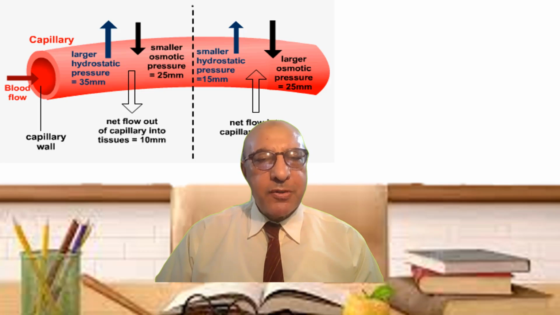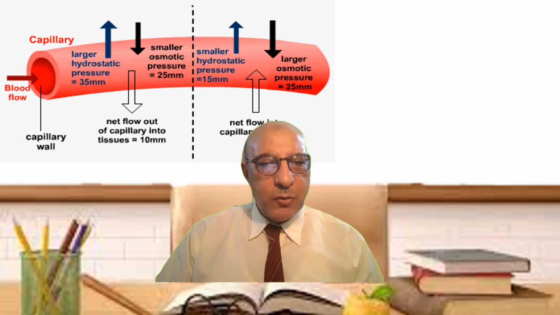The situation becomes completely different at the venular end or the distal end of the capillary. Because at the proximal end, as we have just explained, fluid is leaving the capillary to the interstitial space, the hydrostatic pressure becomes less. Actually, at the venular end of the capillary, hydrostatic pressure is now not 35 as before, it is only 15.